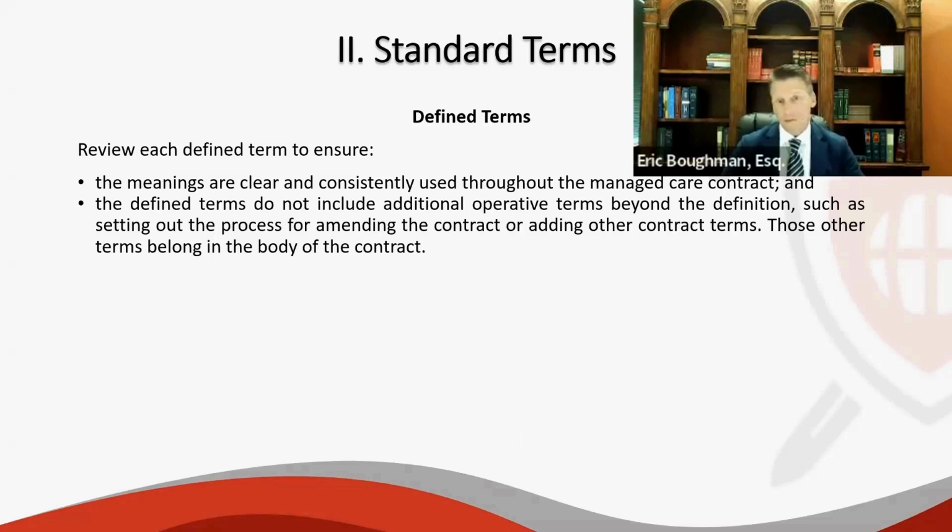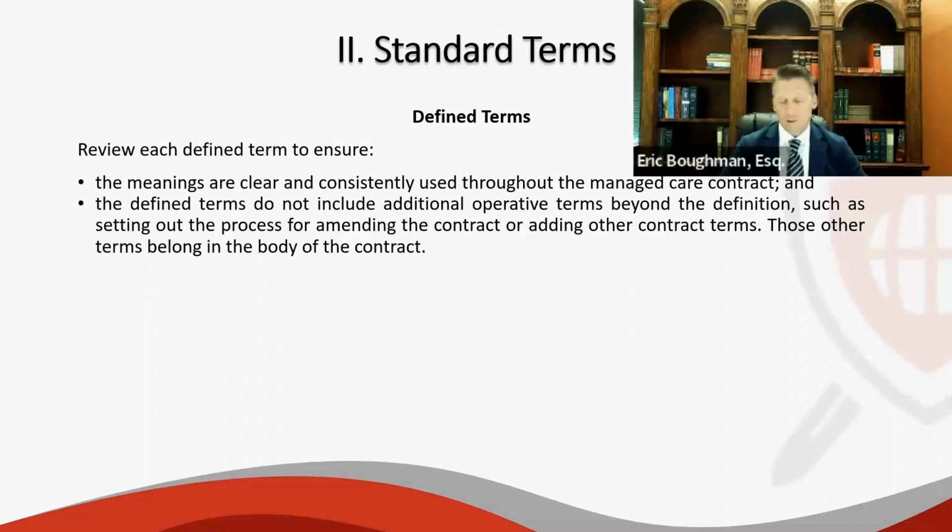So you want to read the definitions and make sure the definitions in a contract make sense and are workable. And as much as possible, you really want the definitions to match the common usage of the word. The example would be medically necessary. Insurance companies will only pay for services that are medically necessary. Read the definition. If that's capitalized, look, and even if it's not, do a search on the document.